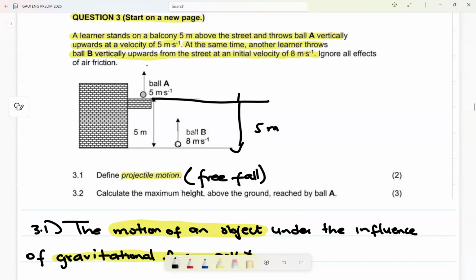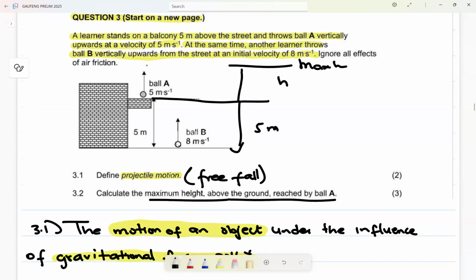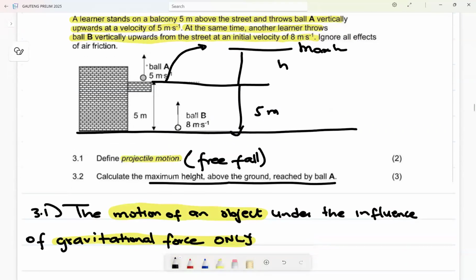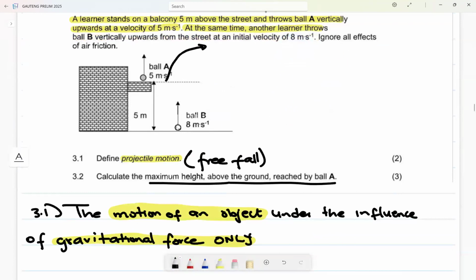So we want to know this height plus, now they say the maximum height above the ground, so with respect to the ground. So whatever value you get here from the H, you need to add how much? 5, because it is the height from the ground.